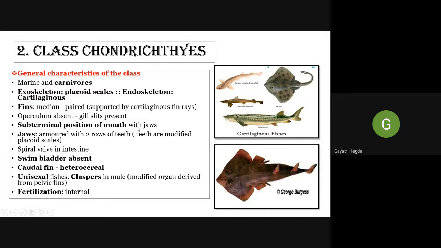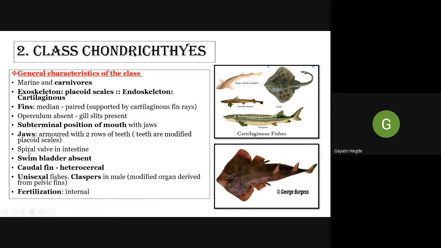And the mouth, since it belongs to gnathostomata, will have well developed jaws. These have two sets of jaws with fully grown teeth. These teeth are nothing but modified forms of placoid scales. So the scales modify and form teeth.